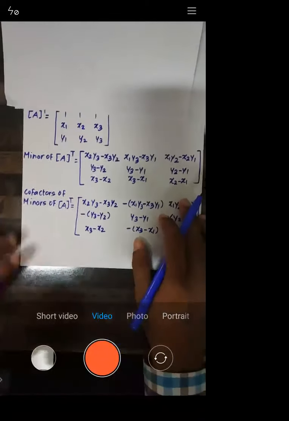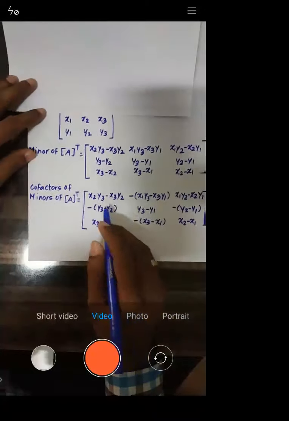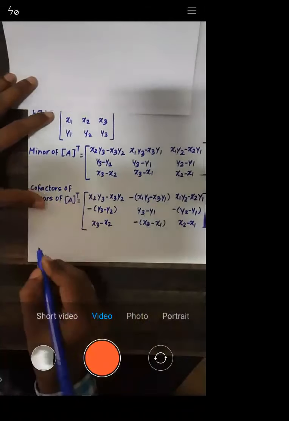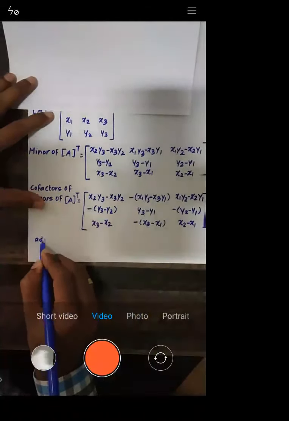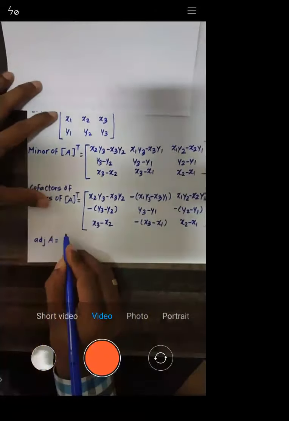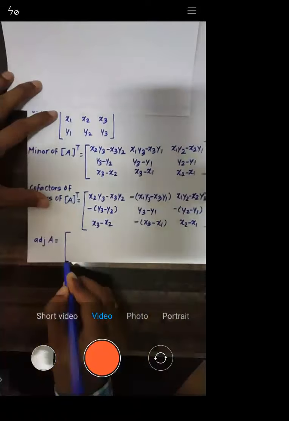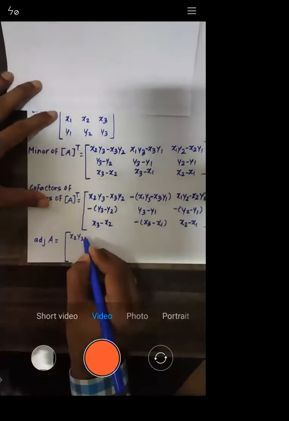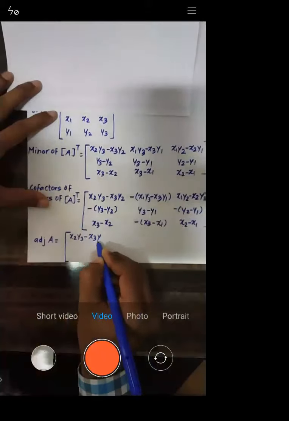So what is the cofactors of minors of A transpose? It is nothing but the adjoint of A. So I'll write down: adjoint of A is given by, and I'll just copy this matrix as it is. So x2 y3 minus x3 y2.